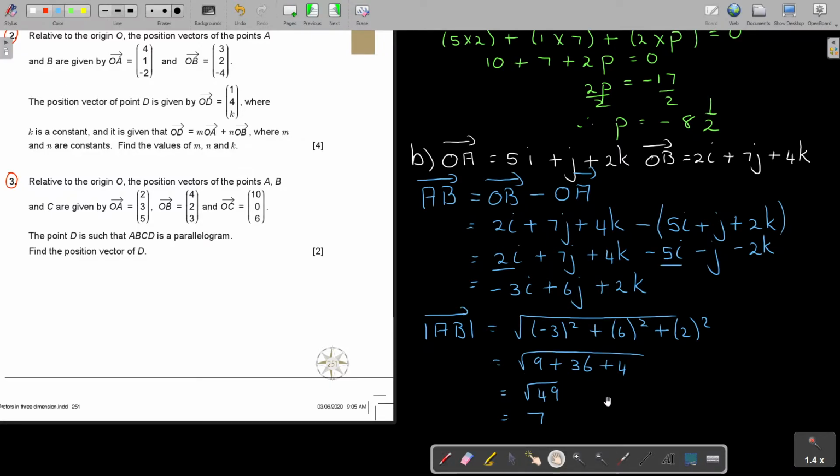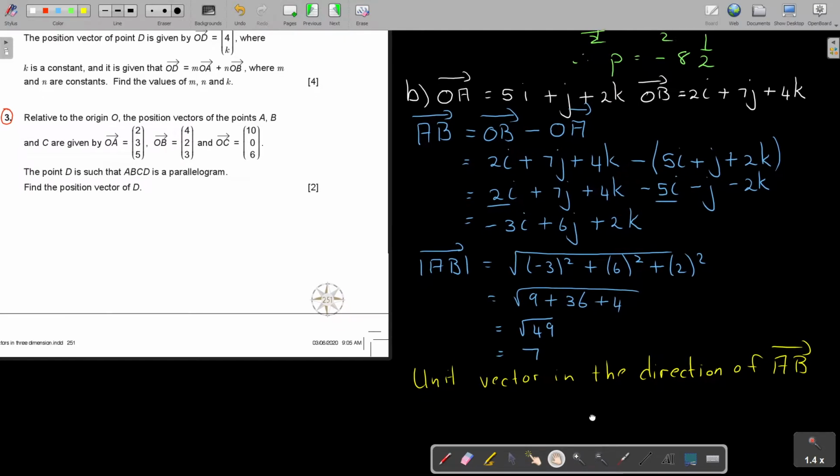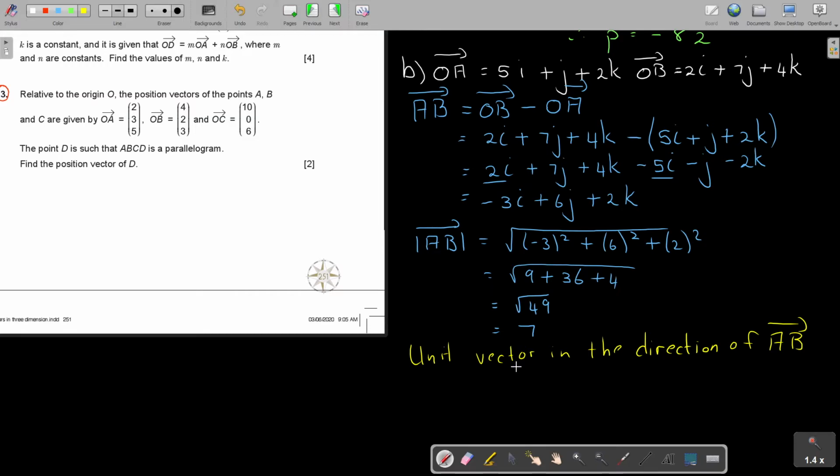If I want to create a unit vector in the direction of AB, a unit vector has a magnitude of 1. So basically, I'm just going to take 1 over this 7, and I'm going to take AB, negative 3i plus 6j plus 2k. I can multiply it in, but I can also leave it like that.